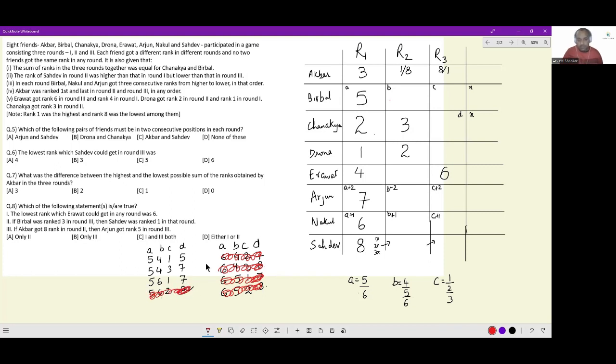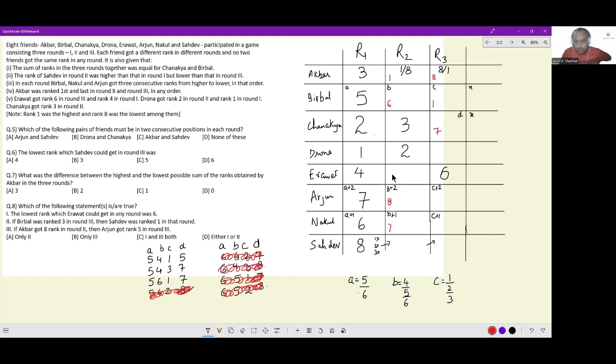Next case we're checking is 5, 6, 1. 5 goes, 6 here. This is again 7. This is again 8. This is again 1. This is again 8. 5, 6, 1. This is 7. Okay. Now in the second column, 1, 2, 3 is mentioned. The ranks that are left are 4 and 5.